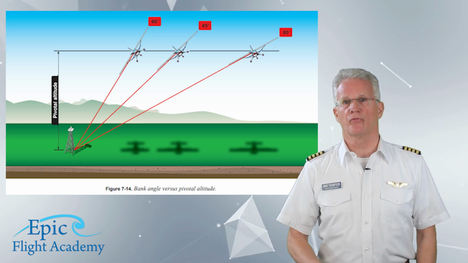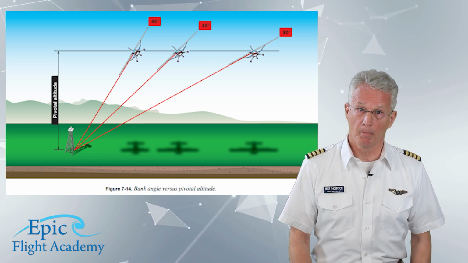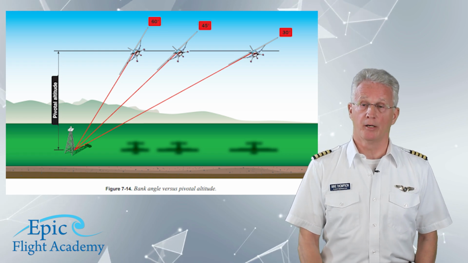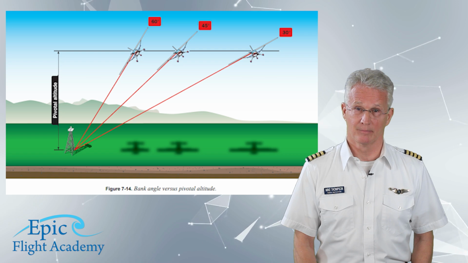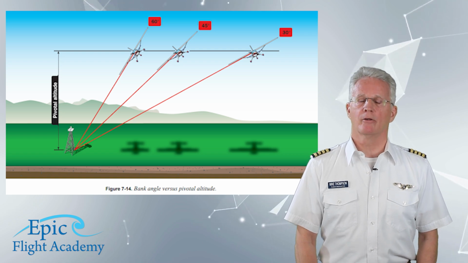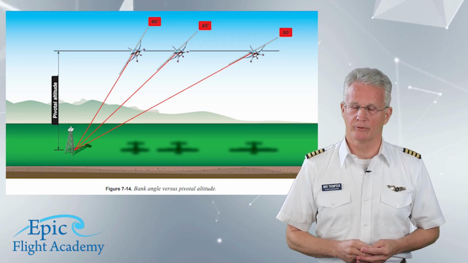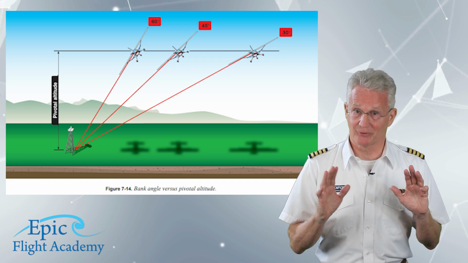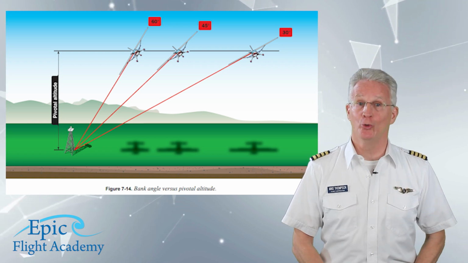Your distance from the pylon affects the angle of bank. You can see that here in figure 7-14 on page 7-17. The bank angle will not affect the pivotal altitude unless it is steep enough to affect the ground speed, and that's going to be too steep.